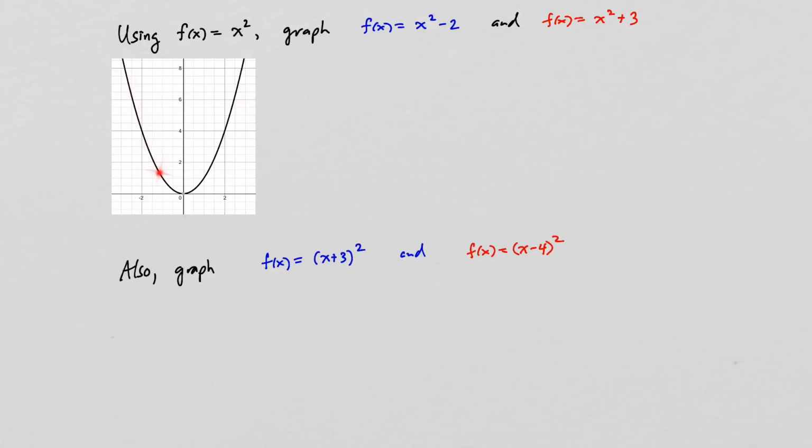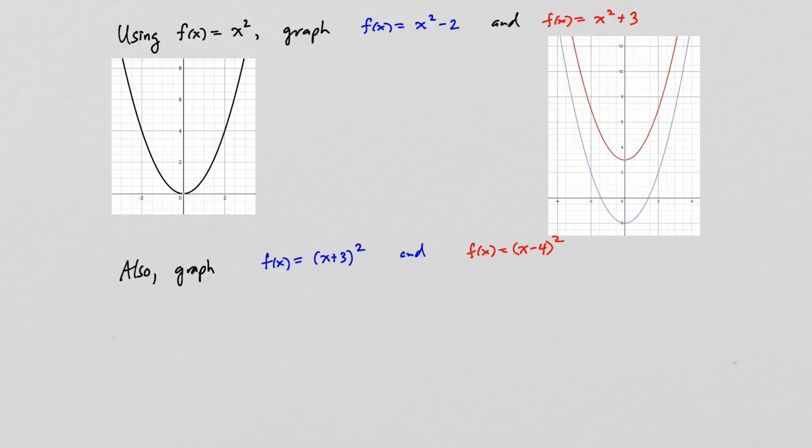So instead of x² being here, x² - 2 will come down here. It will shift downward 2 units. So if that's the case, then what do you think happens to x² + 3? Well, if x² - 2 shifts the graph down 2 units, then x² + 3 should shift the graph up 3 units. Let's bring the graphs in to show you what I'm talking about.